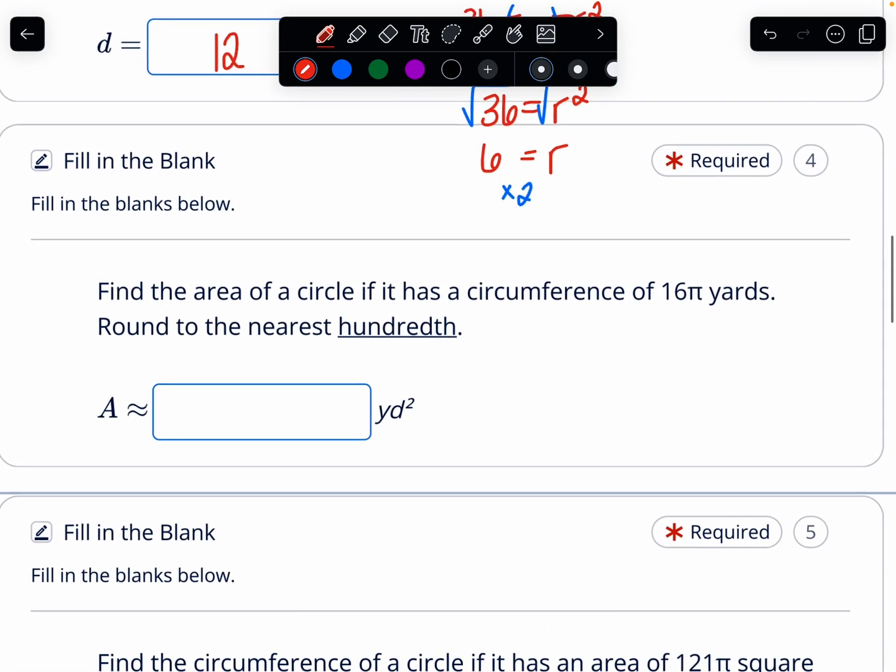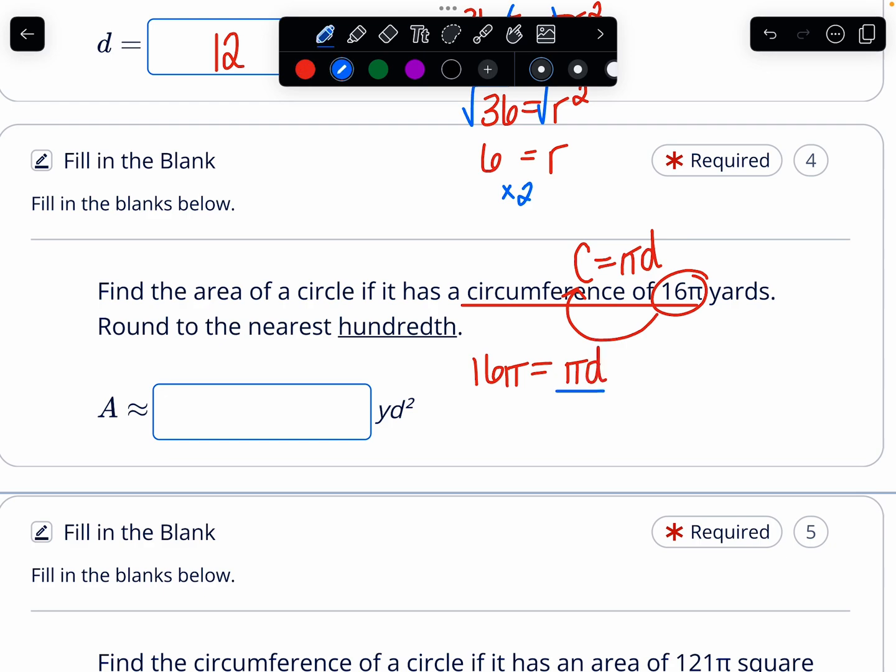The next one, find the area of a circle if it has a circumference of 16 pi yards. So they're telling us the circumference and they're asking us for the area. The circumference formula is pi times diameter. So I can take this 16 pi and plug it in and get this: 16 pi equals pi times diameter. Hopefully you're starting to catch on. There's a theme. Every time you have to work backwards when you're working with circles, you end up dividing by pi instead of multiplying.